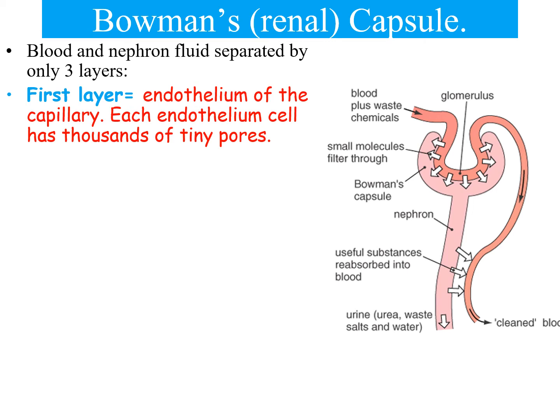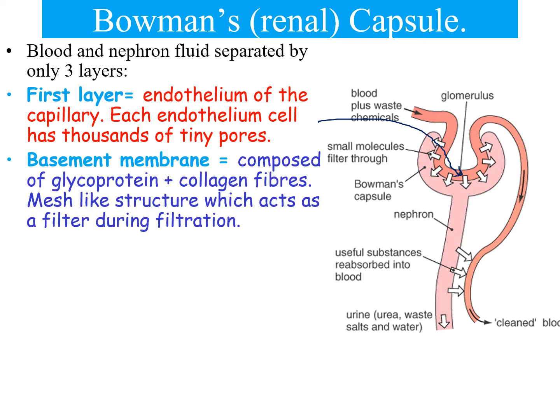The blood capillary itself has tiny little pores in it. So the wall of this blood capillary here has got tiny little holes in it, which would allow only small molecules to go through. We then have a basement membrane.